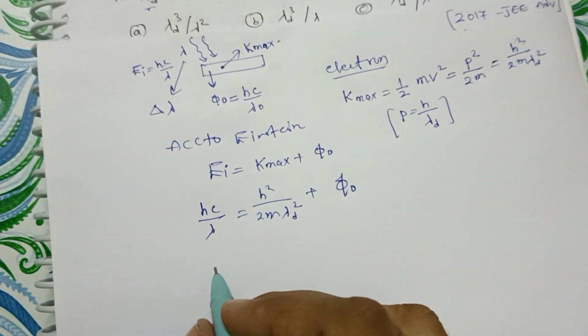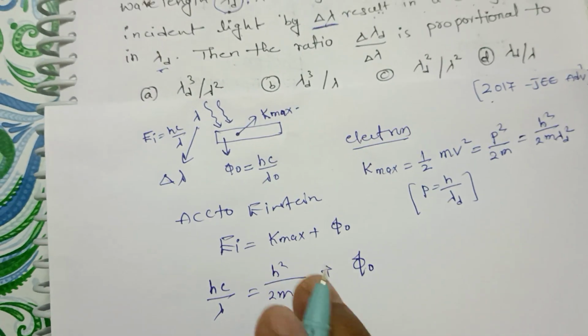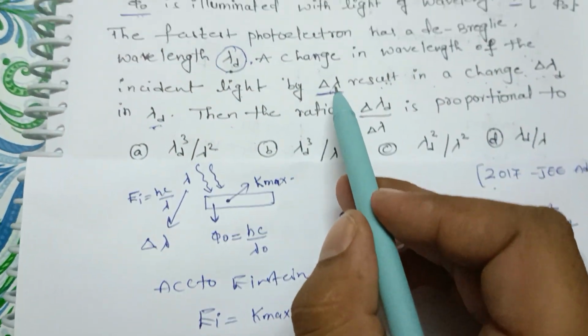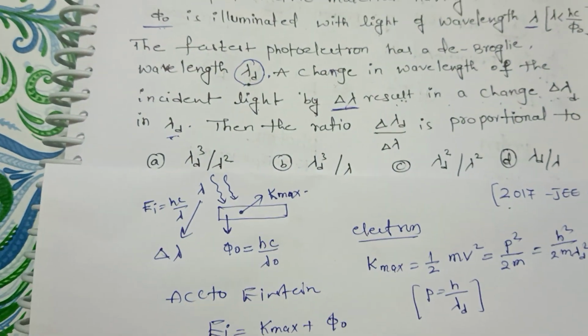Now look here. In the question, he is talking about the change in wavelength, so we need delta lambda.